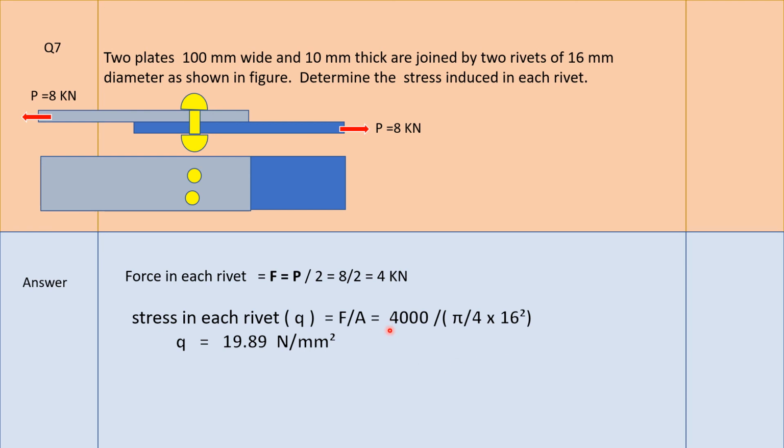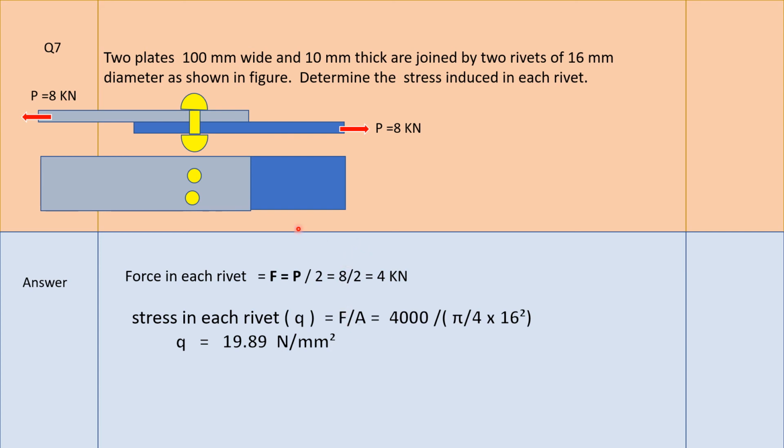Now do the calculations. 4000 divided by bracket open pi divided by 4 into 16 squared bracket close is equal to, you will get this answer, 19.89 Newton per mm square. The calculations are very simple.